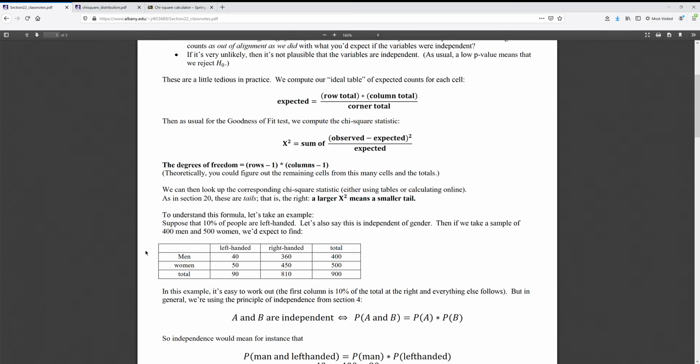If it is not the case that what sex you are and what handedness you are have nothing to do with one another, then they have something to do with one another. Men are a little more likely to be left-handed. Men are a lot more likely to be left-handed. Women are more likely to be left-handed. All sorts of things could be true if the singular idea of independence is not the case.